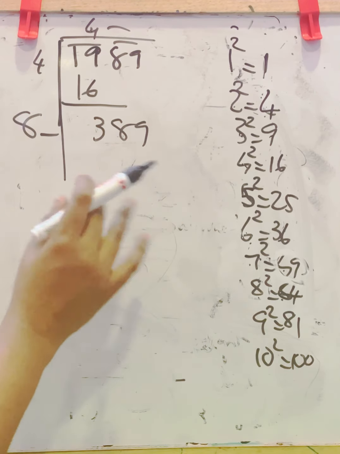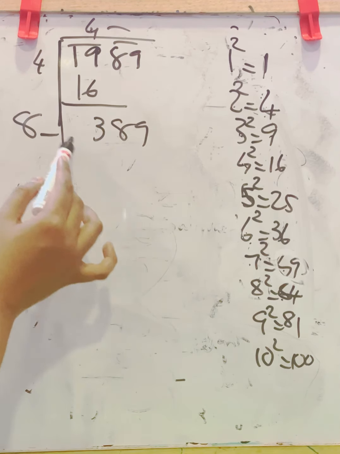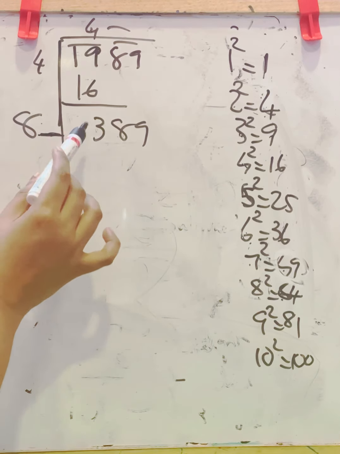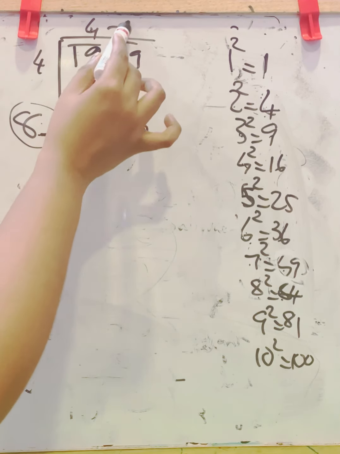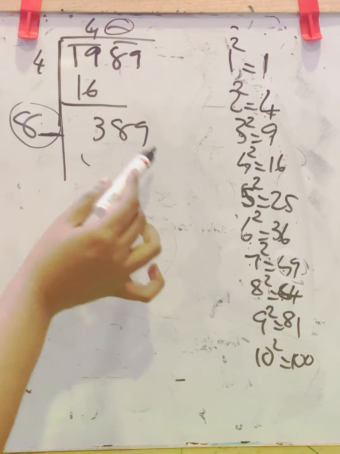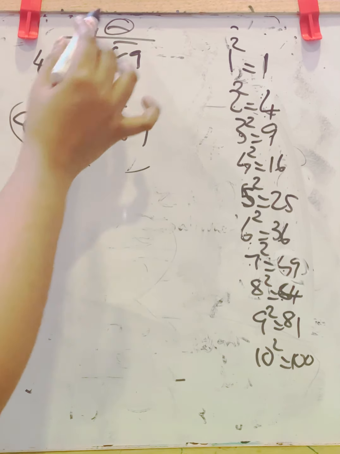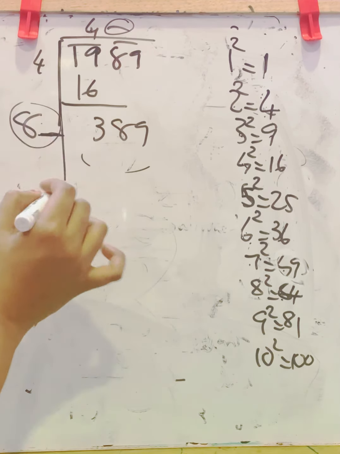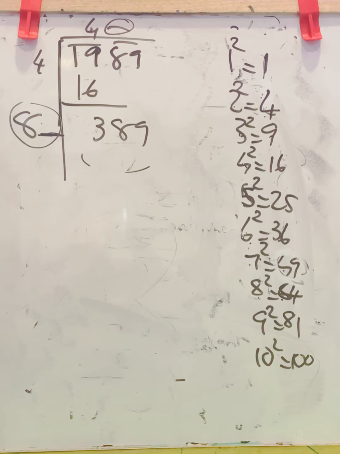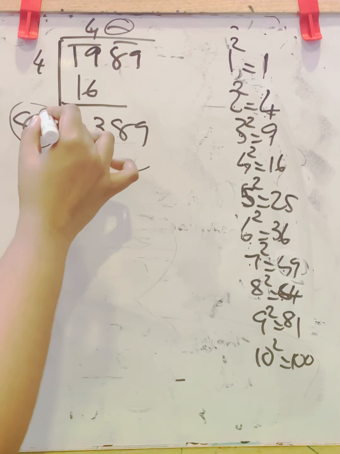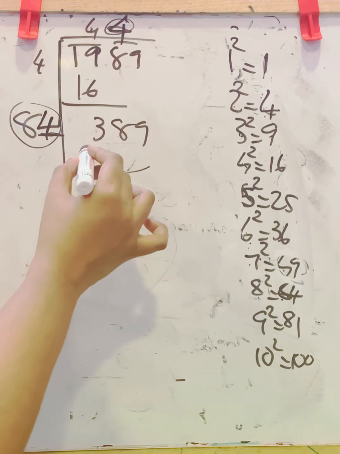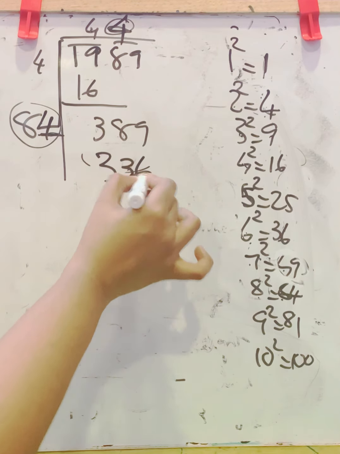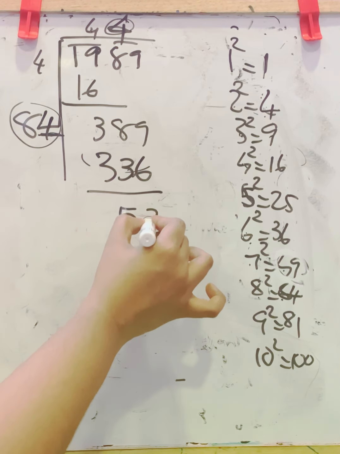So you can check which is a smaller number than 389. When you multiply this number and this number, you want to get a smaller number than this. 81 into 1, 81, 82 into 2, like that. After trial and error, you will get 84 into 4 is 336. And the balance is 53.